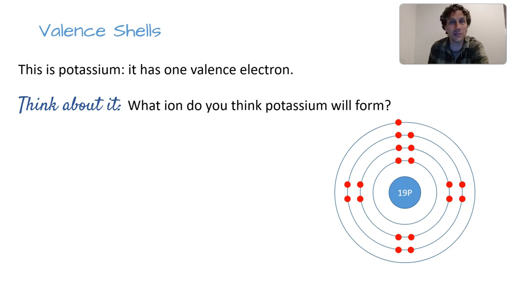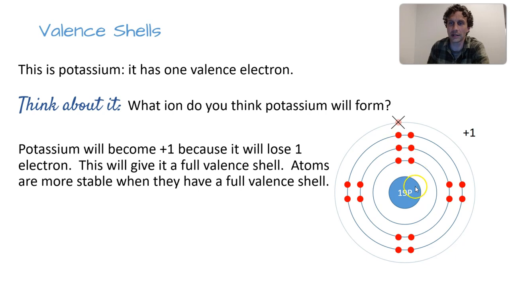Well, it'll become +1. Okay? Why? Because now it still has 19 protons, but it only has 18 electrons. So 19 pluses and 18 negatives. Okay, so it's got 1 more positive than negative. So the overall charge of this thing now is +1.